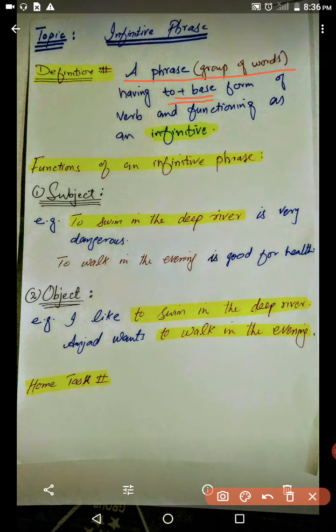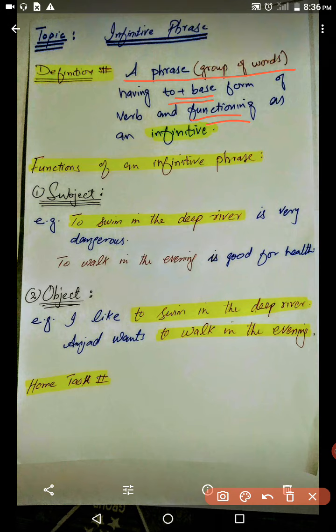This is very important. Functions like an infinitive. And we discussed two functions, function of a subject and function of an object. So a noun phrase which is having to plus base form of the verb and which functions like an infinitive will be called an infinitive phrase.